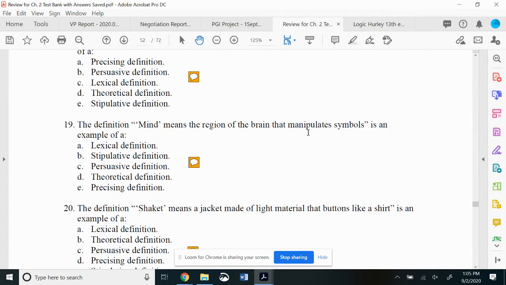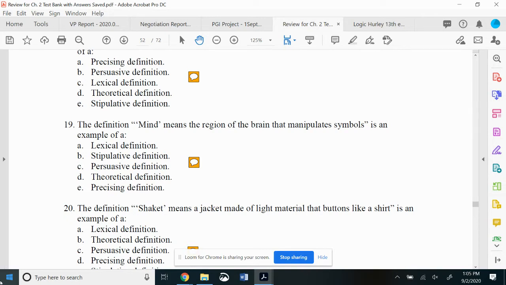So we'll go back. 19, the definition mind, quoted, means the region of the brain that manipulates symbols. Is an example of, think about it, push pause if you want, go back and look at the book or mind tap. And how many of you got theoretical? It is. So this is heavily philosophical or scientific. Go back to that section. Theoretical means there's never an exact answer. It's always theoretical.